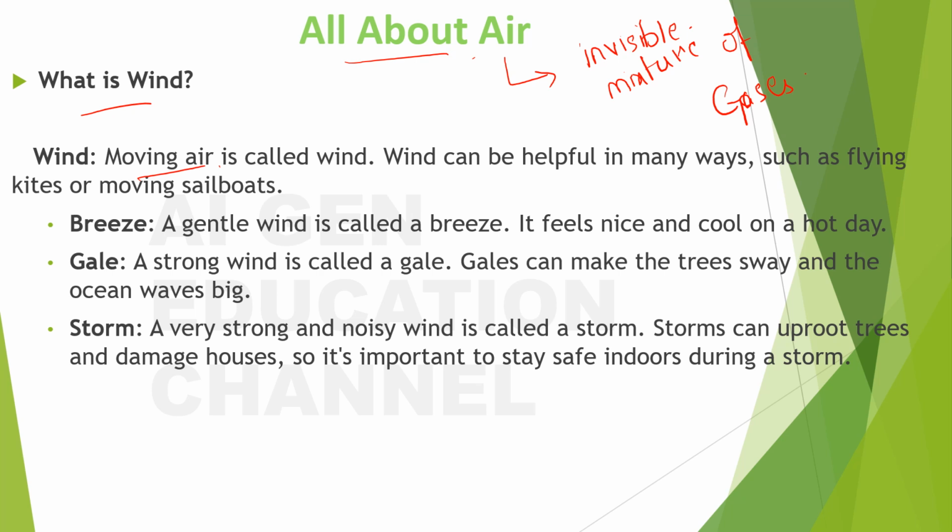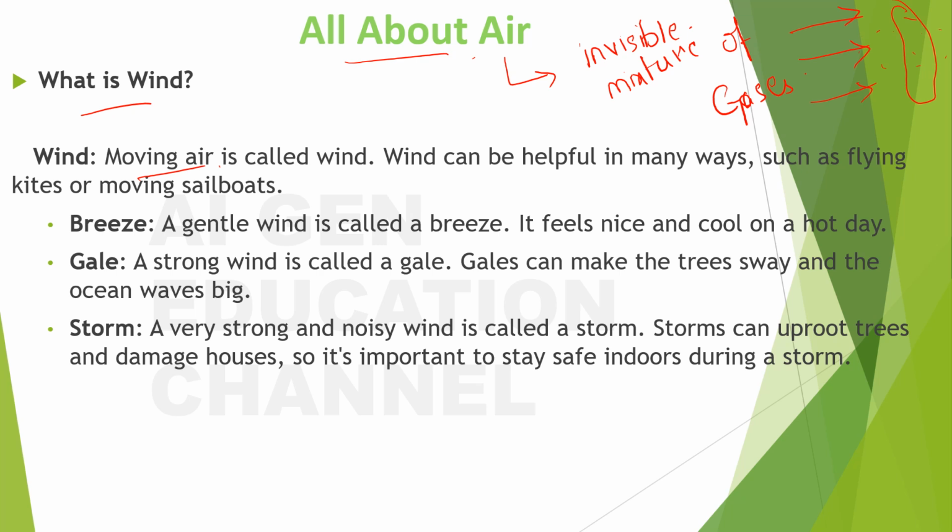That is what we feel. When the air is constant at a single place, you will feel like there is no air at all. You will feel so uncomfortable. But only if the air moves, it becomes wind, and that wind makes us comfortable. So moving air is called what? Wind.